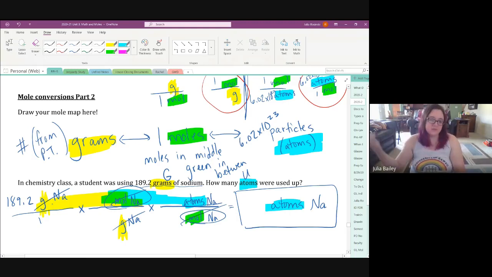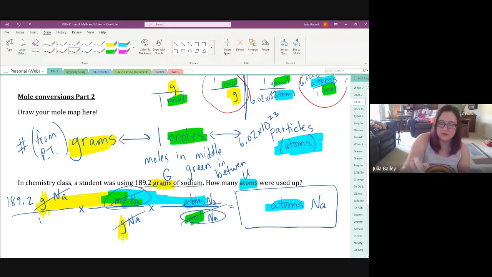Okay, we still have to fill in numbers. So let's look at it. We know that our number of moles should always be 1. Oops, I forgot I was using highlighter still. Our number of moles should always be 1. So I'm going to stick a 1 in front of the word moles every time.